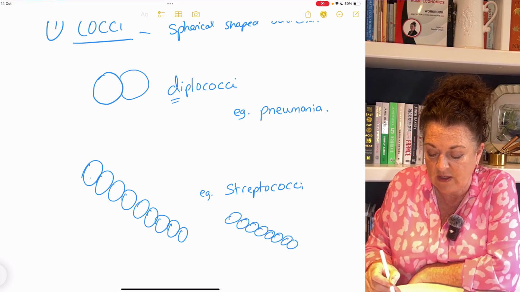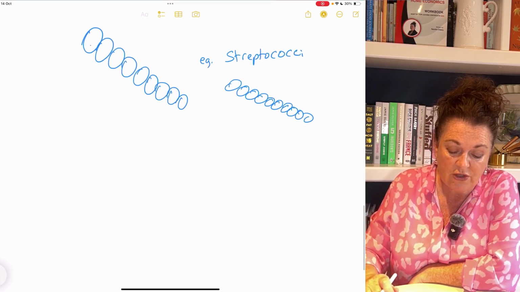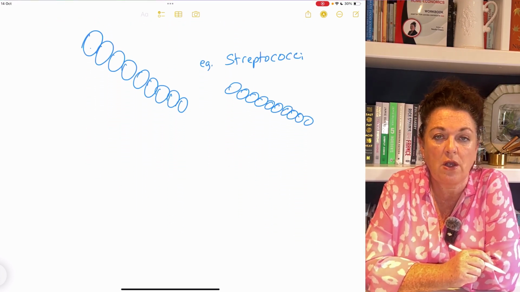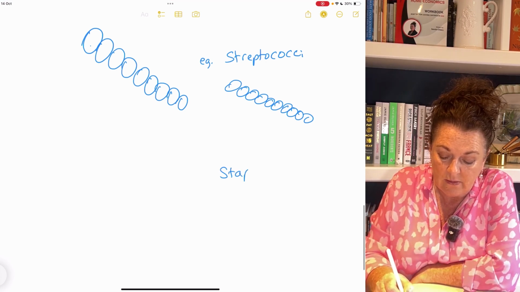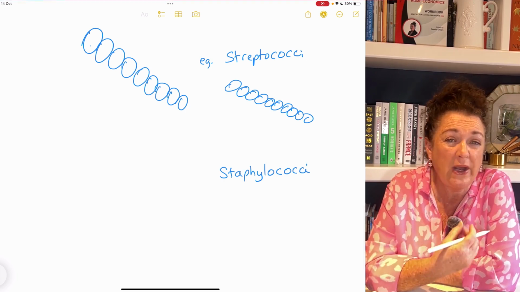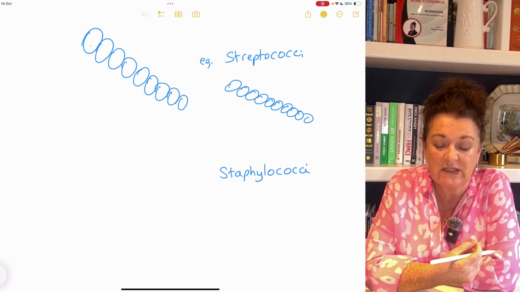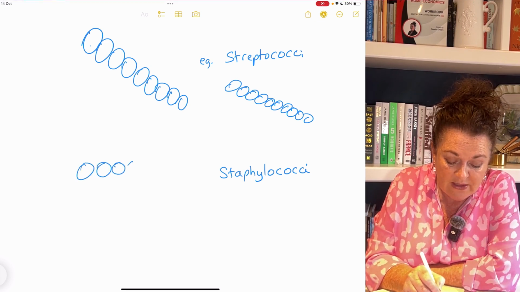of spherical shaped bacteria. Then we have what are called staphylococci. Now, if you had something like a nasty boil or an infected spot and swabbed that, that would be staphylococci.